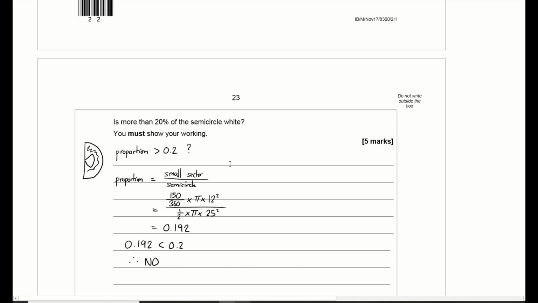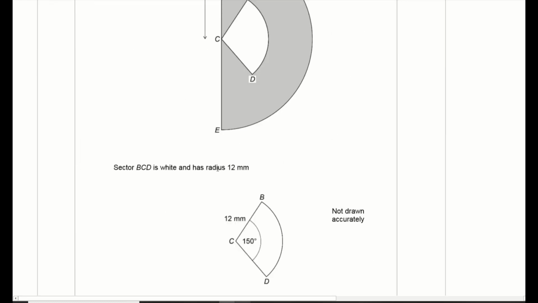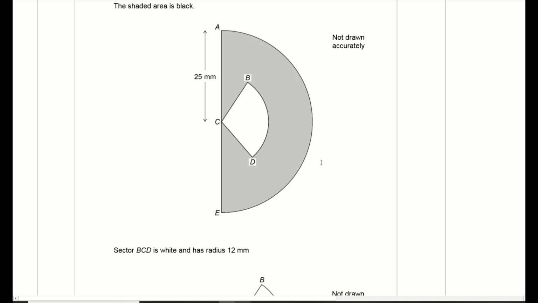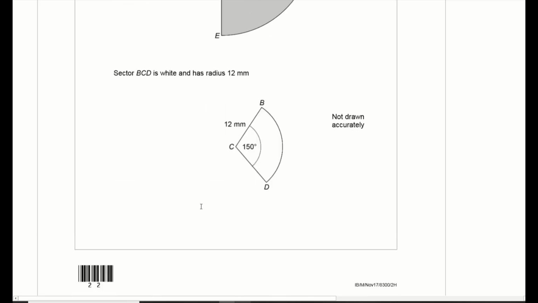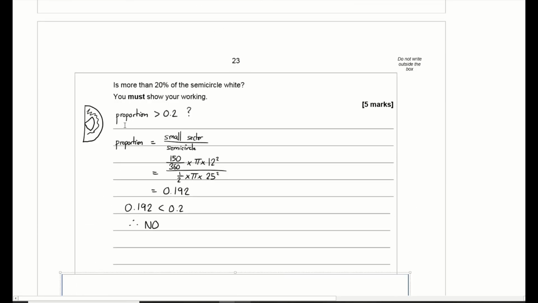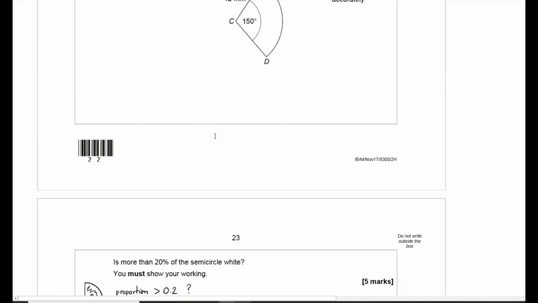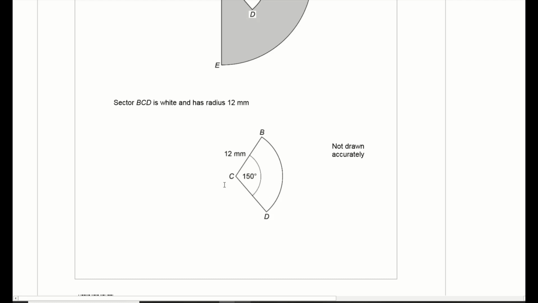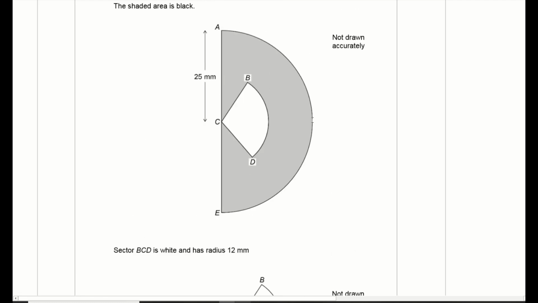And the question is, is the proportion of the white sector out of the entire semicircle greater than 0.2? So what we really need to do is figure out, well, how do you represent the proportion? Well, the proportion will be the small sector, BCD, divided by the entire semicircle.